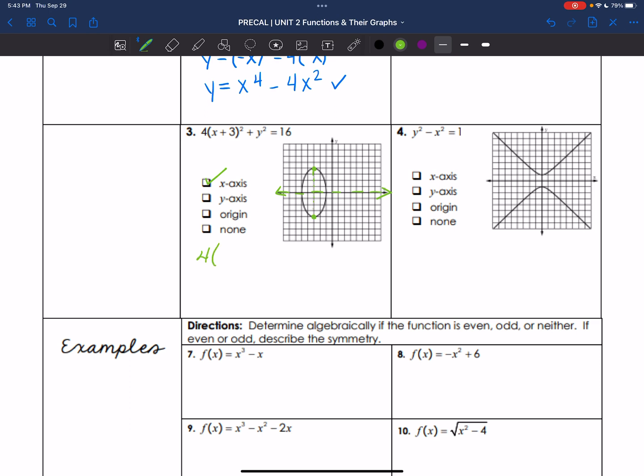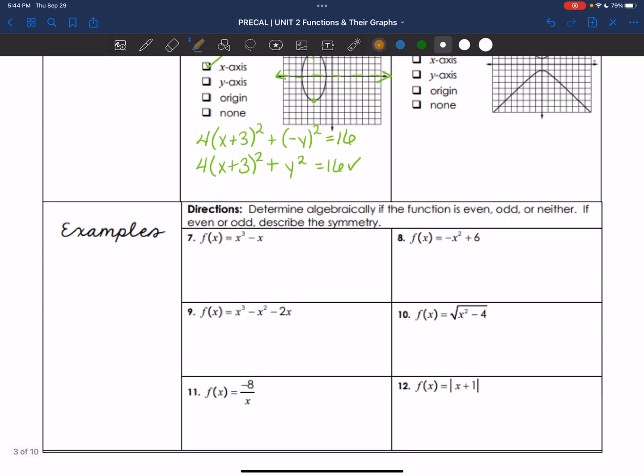We've got 4x plus 3 squared plus opposite of y squared equals 16. Oh, well, look at that. Once again, we have that our negative quantity is being squared, but a negative y squared is just the same thing as y squared. So that is the equivalent, and so it is in fact x-axis symmetry.